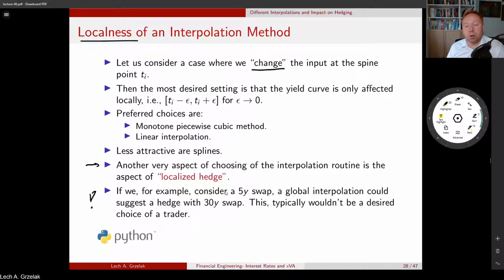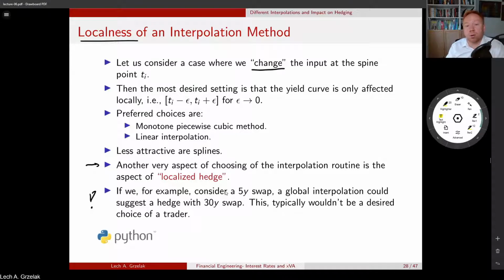So when I talk about global or local interpolation, this is related to how, if you have a shock on the short end, or a shock of a spine point, which instruments on the curve will be affected by that. If they are in a neighborhood of that spine point, that's called a local shock, or local impact.